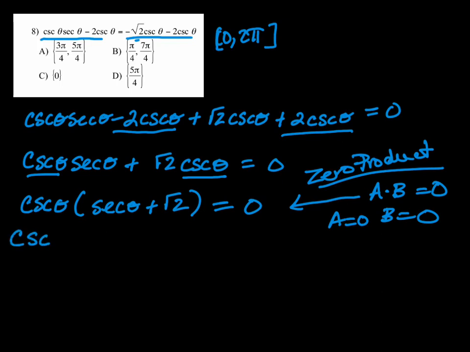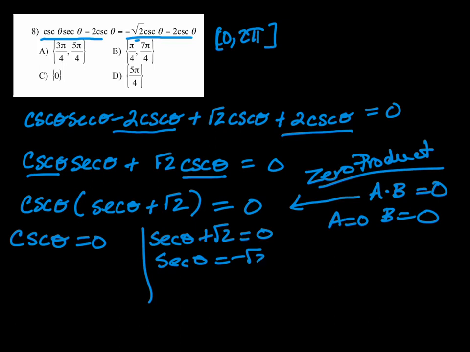So cosecant theta equals 0, and secant theta is negative square root of 2. I mean, I guess I should say, if we want to do every little step, we would say secant theta plus the square root of 2 equals 0. So secant theta equals negative square root of 2.